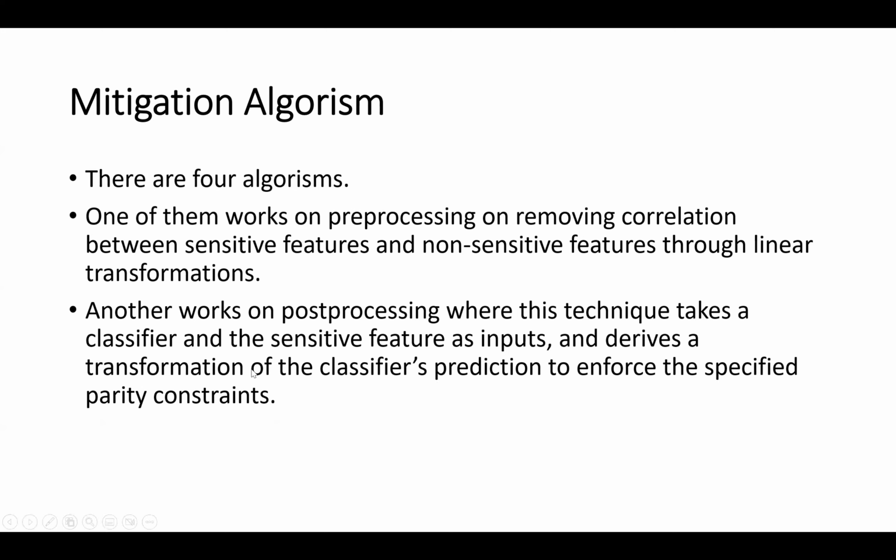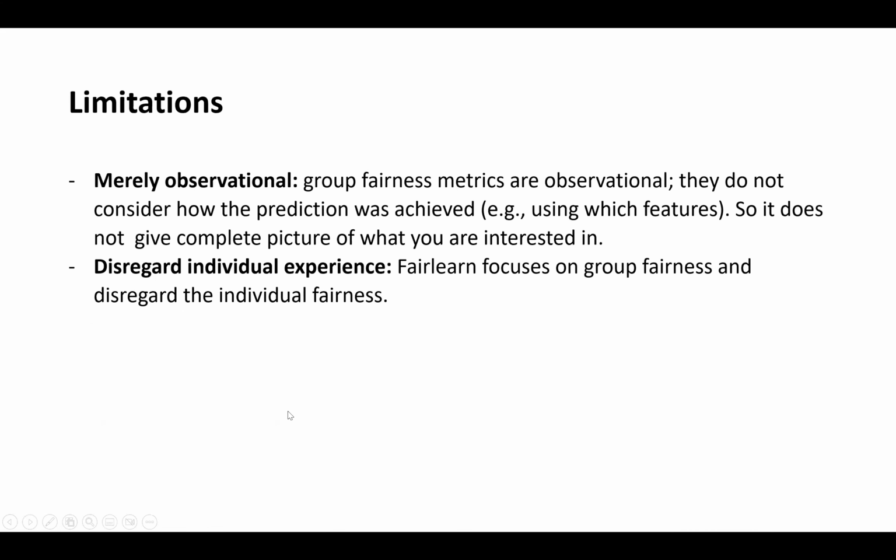It is just like a box, and the input is the classifier and sensitive feature. Inside this box, there are some equations. The output of the box is the prediction of the classifier, but to be fair. And inside the box, there is something called parity constraints, which are mathematical equations.